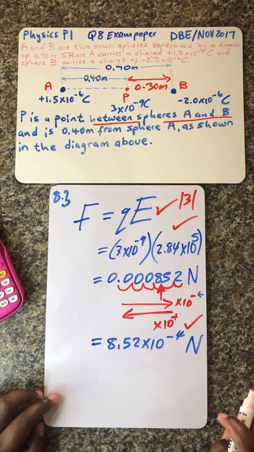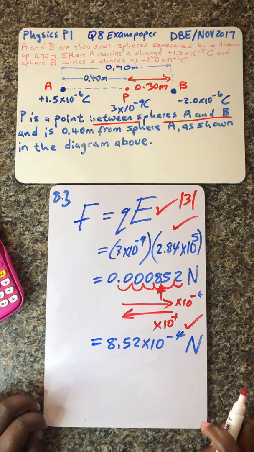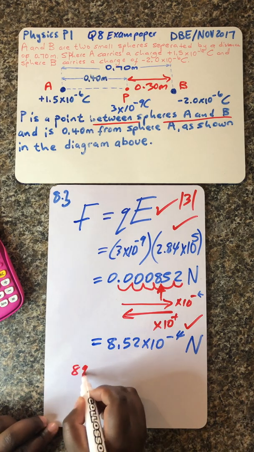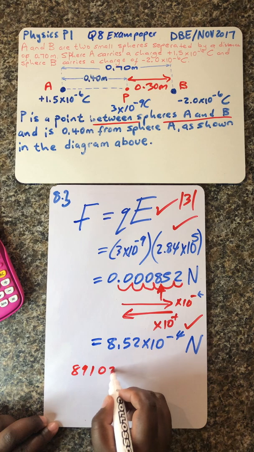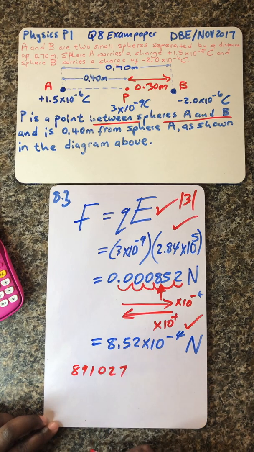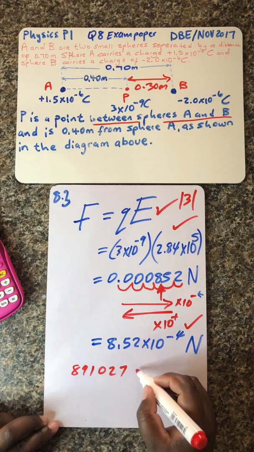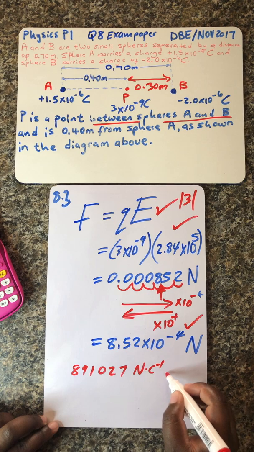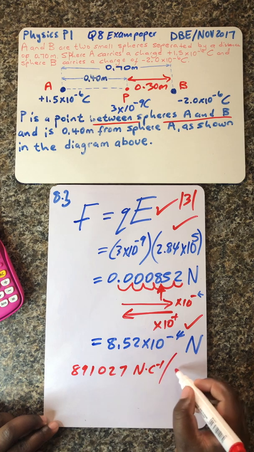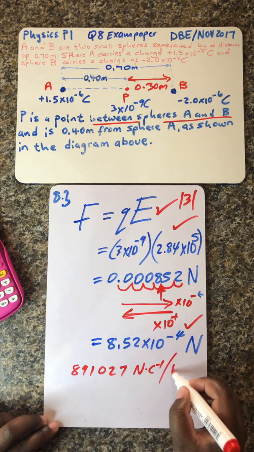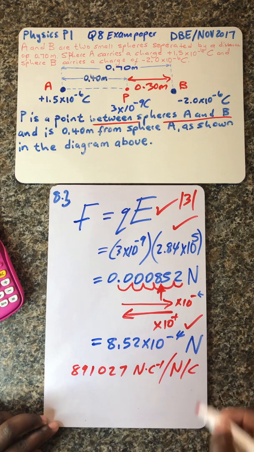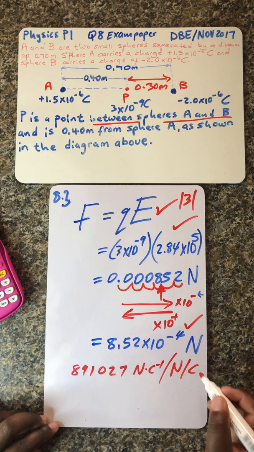But before I close today's live lesson, let me just indicate to you guys, if you've got 8, 9, 1, 0, 2, 7, let's say you calculated your answer and this was your final answer. It could be newton per coulomb, it could be a force, it could be a charge in coulombs.